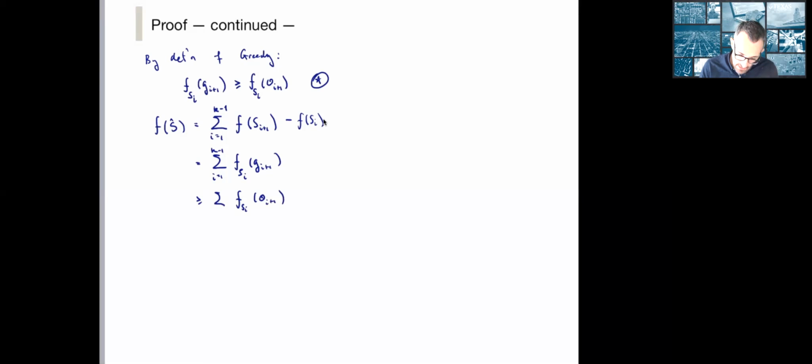And now I claim that this is greater than or equal to the marginal value of o_{i+1} with respect to a bigger set, S hat. Again, this is a basic submodular property. So this is just using submodularity and the fact that the marginal values decrease as we have larger sets or containing sets.